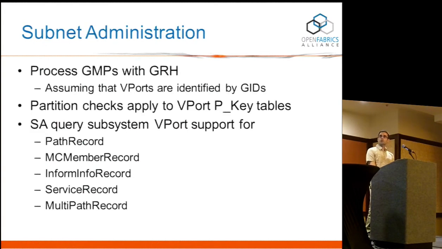Regarding Subnet Administration, there are some fundamental changes. First of all, like Liran mentioned, every GMP must go out with a GRH, otherwise they won't be able to be routed to the correct virtual ports. An additional required change is that the P_Key validation that's being done over the physical P_Key tables of the physical ports now should be done based on the P_Key tables on the VPorts.